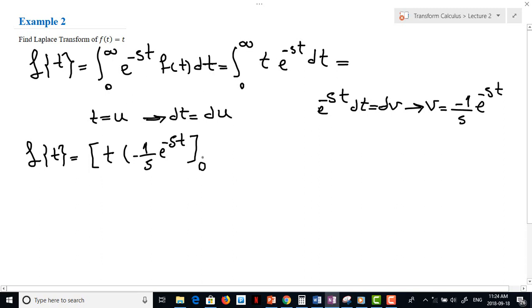We have to apply upper and lower limits of the integral, minus the integral from 0 to infinity of v du. So we found v is equal to minus 1 over s e to the power of minus st, and du is equal to dt.